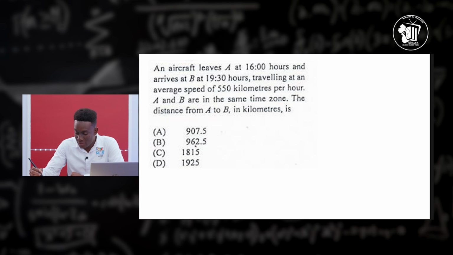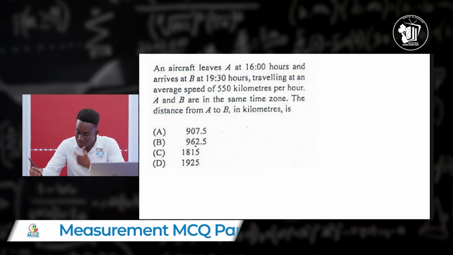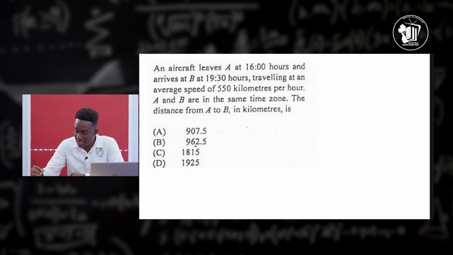The distance from A to B in kilometers is... so we want to find the distance from A to B. The aircraft leaves A at 1600 hours and arrives at B at 1930 hours. So this aircraft took 16, 17, 18, 19... it took 3.5 hours to travel from A to B.